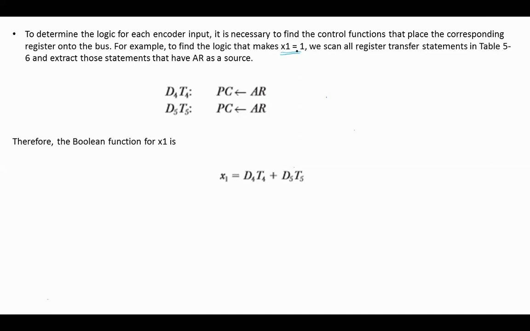And these statements are AR to program counter on D4, T4, and AR to program counter on D5, T5. Therefore, the Boolean function for X1 is D4 T4 or D5 T5.